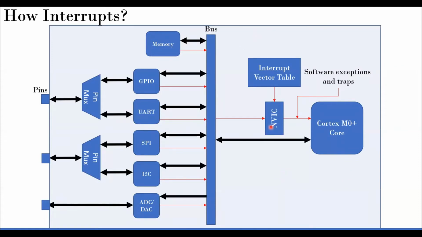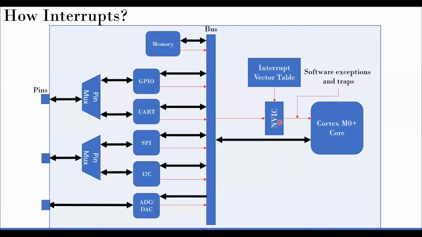And then this part is what we should focus on in this lecture, which is something that is a friend for you: the nested vectored interrupt controller, NVIC. That's what the short form is. This guy helps us prioritize the interrupts and tell the CPU to execute this one first, this one second, and so on.